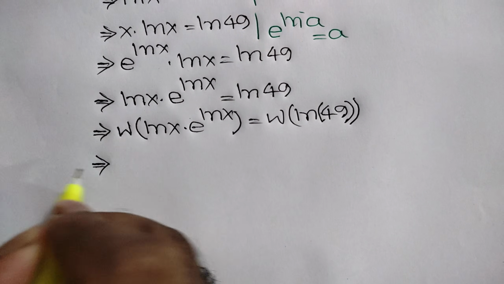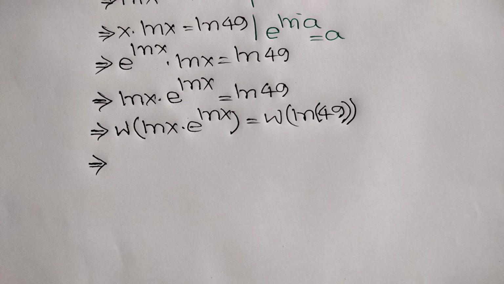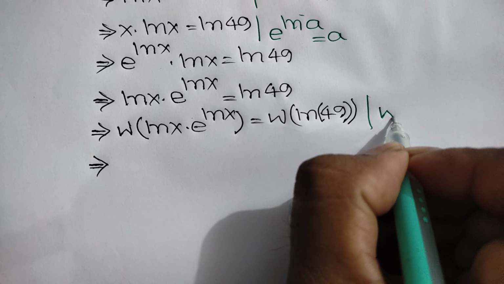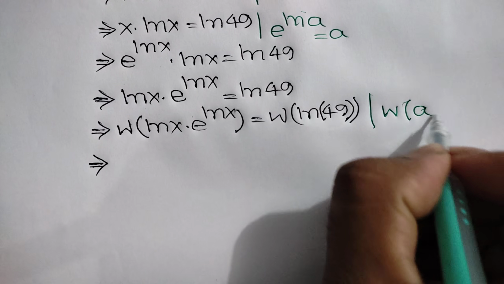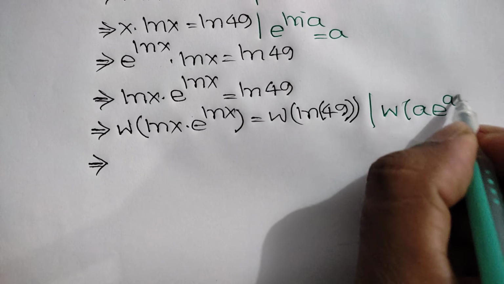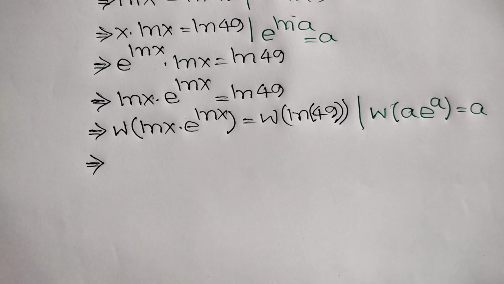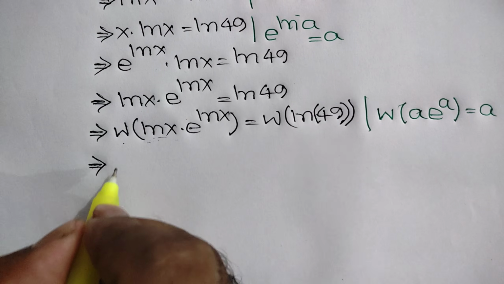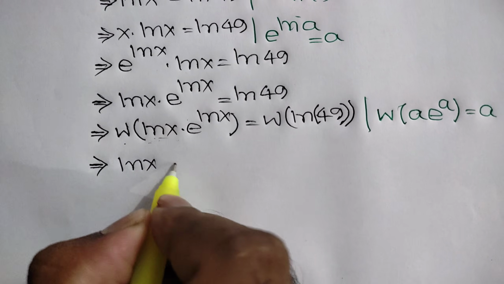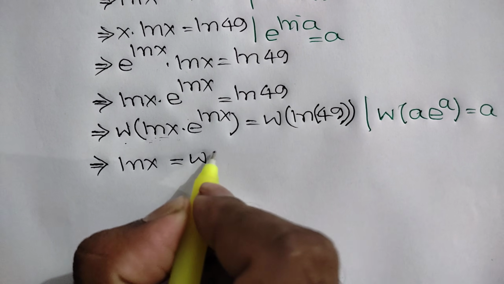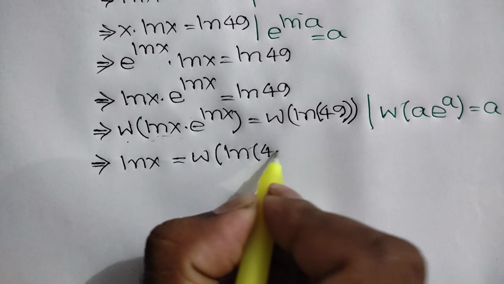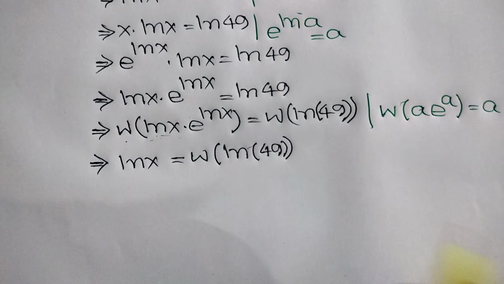Now we know the Lambert W function: W of a times e to the power a is equal to a. So here we will get ln of x is equal to W of ln of 49.